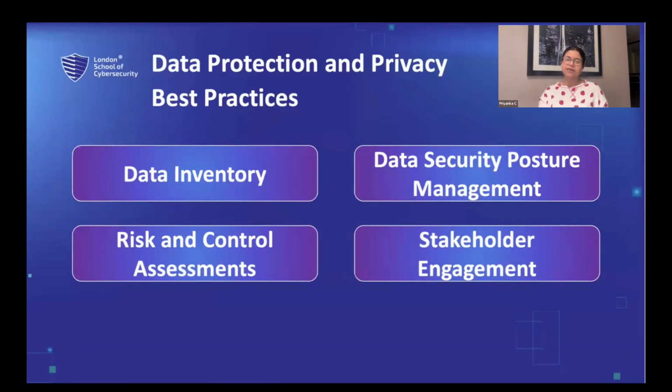So having a data inventory is very important because it tells us this is where I have a particular type of data. It tells us about the data type that we have, and also where that data is. That helps us to prioritize everything that we need to do.